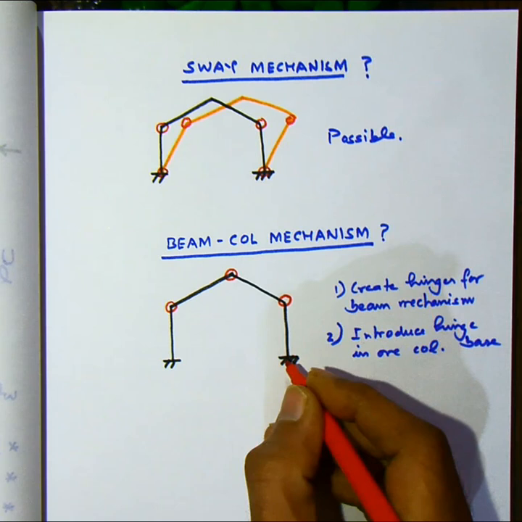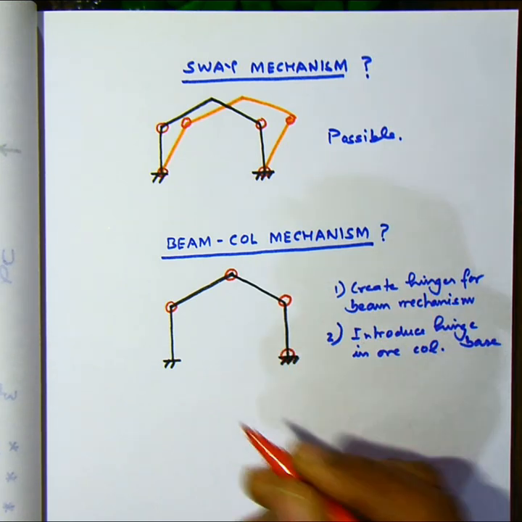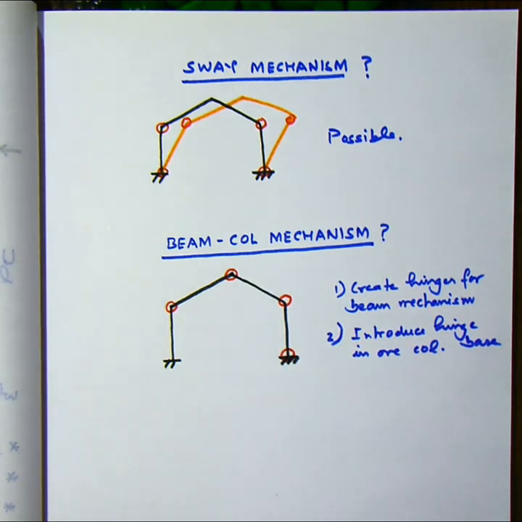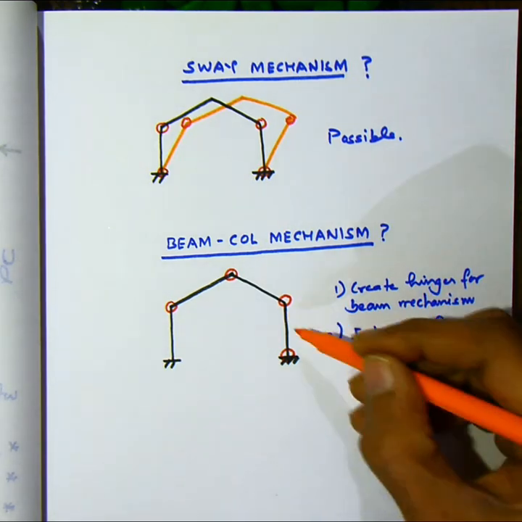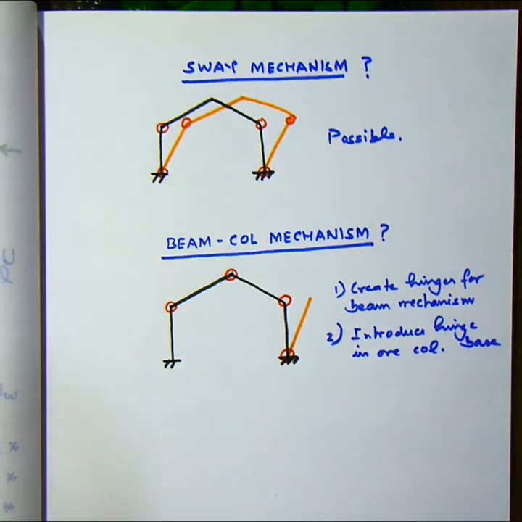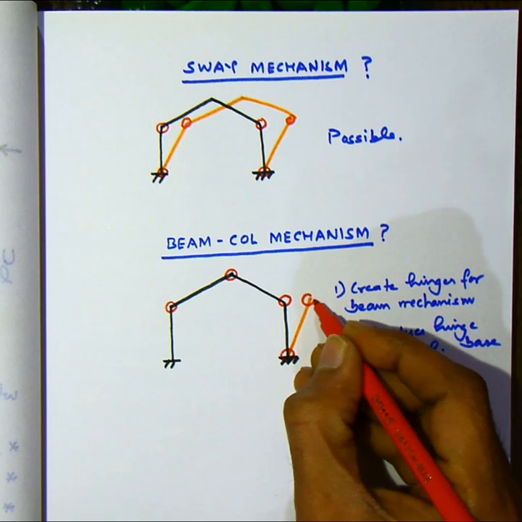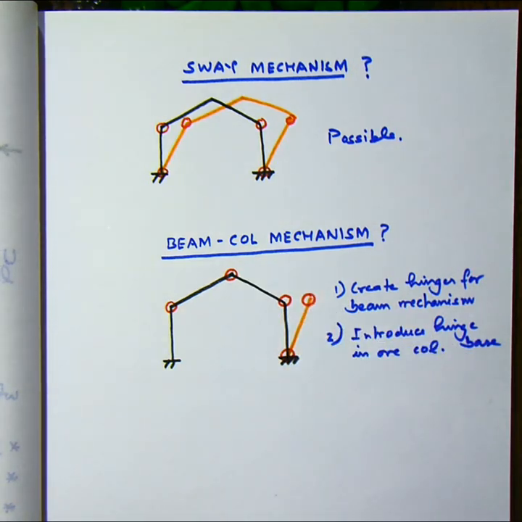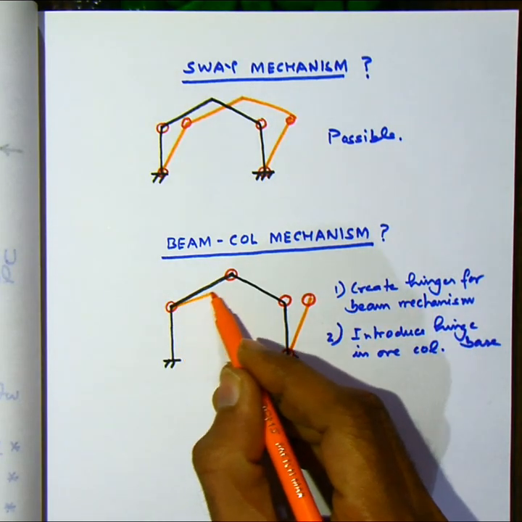And where can we create the hinge? Either on the left column bottom or the right column bottom, does not matter. So if we create one hinge extra over and above this configuration of 3 hinges like this, is it now a mechanism? Is it a stable structure?